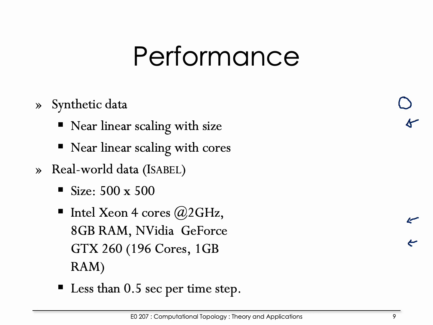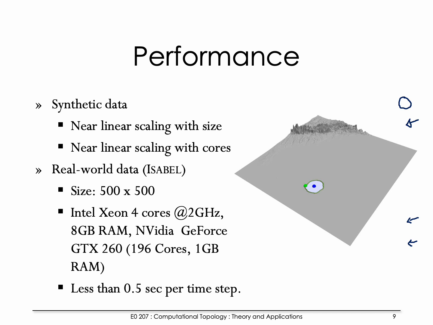So for real world data as well, the algorithm works quite well. For example, for a 500 by 500 sized data on an Intel Xeon 4-core machine, where all the gradient pairing is done in parallel using a GTX 260 card, the algorithm takes less than half a second to compute the Morse-Smale complex.